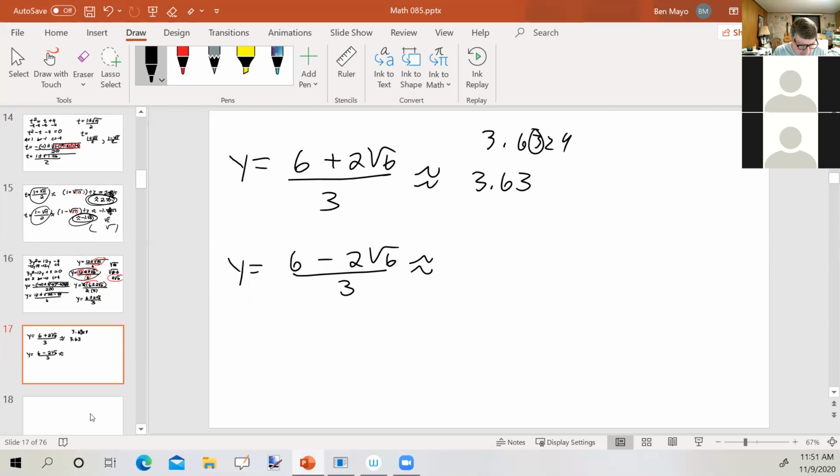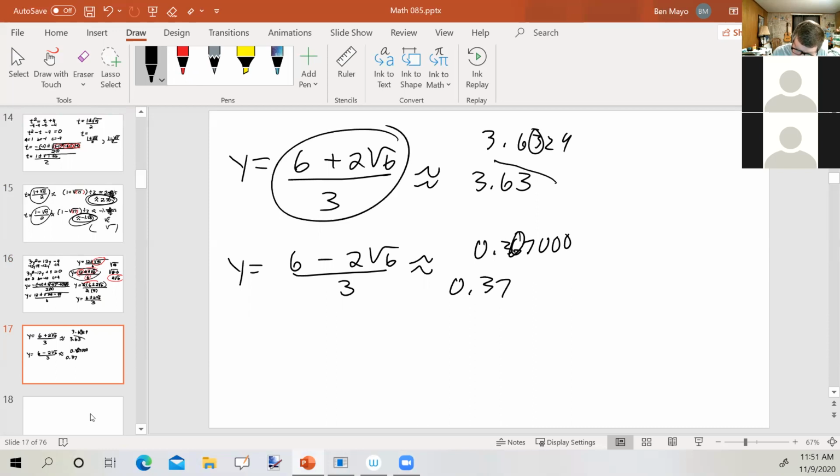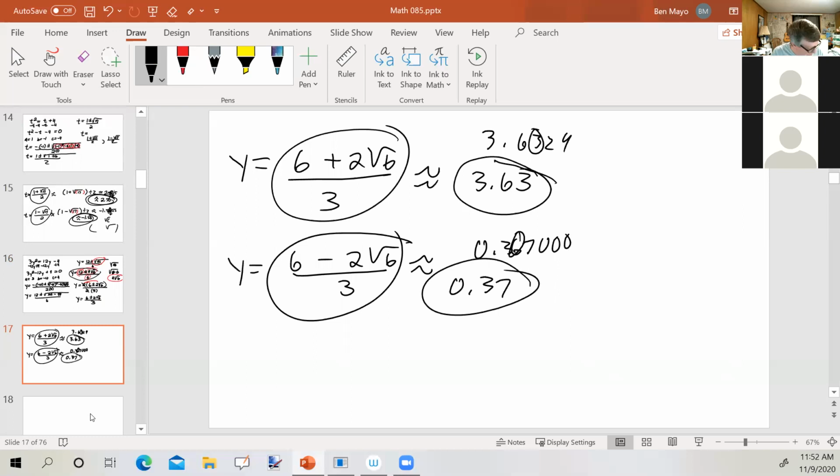Okay. And doing the minus, I get 0.36700, etc. So that's going to round off to 0.37. So here's my exact answer, decimal approximation. Exact answer, decimal approximation.